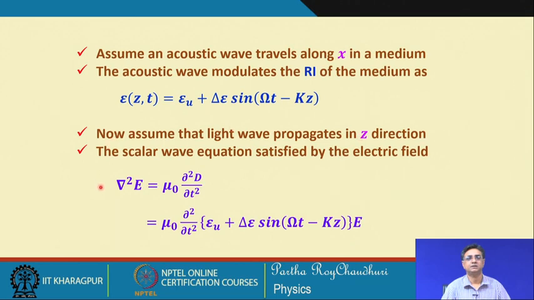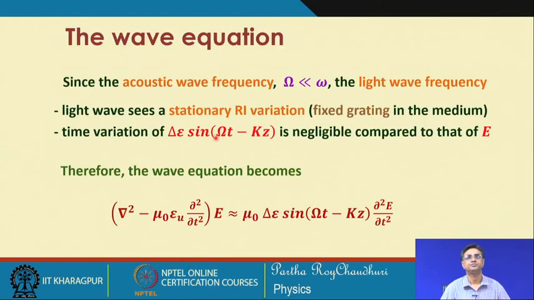So, in that case, we can write this equation del square E equal to mu naught del square D by del t square, and then we write this equation for this traveling acoustic wave, which will give you that this is the unperturbed permittivity, and this is including the effect of the acoustic wave.